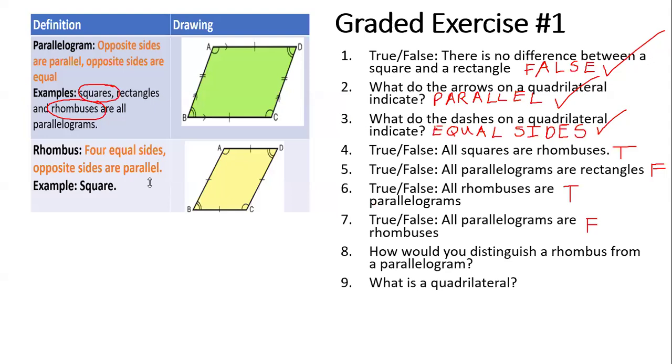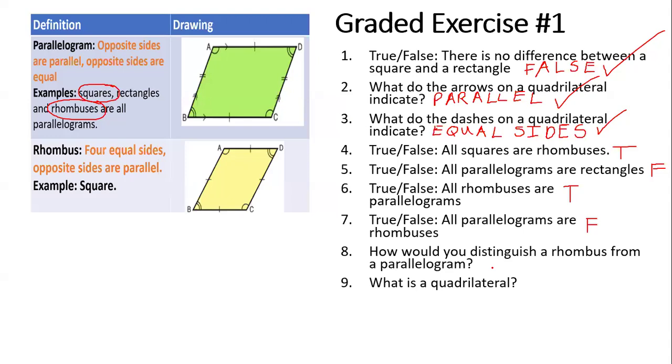I have it as the rhombus is like a square with equal sides, and the parallelogram, or however you pronounce it, is not. I could agree with that.